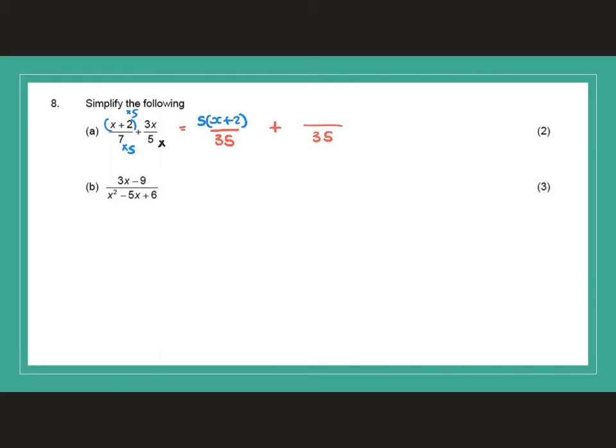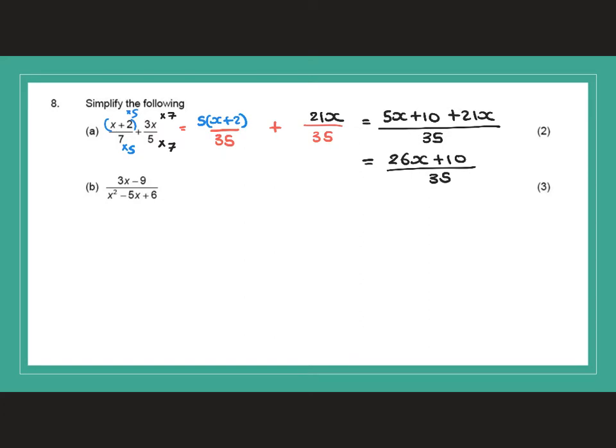And the second one has got to be multiplied by 7, which gives us 21x in the numerator. So this then gives us 5x plus 10 plus 21x, if we expand the numerators, all over 35, and this simplifies to give me 26x plus 10 over 35.